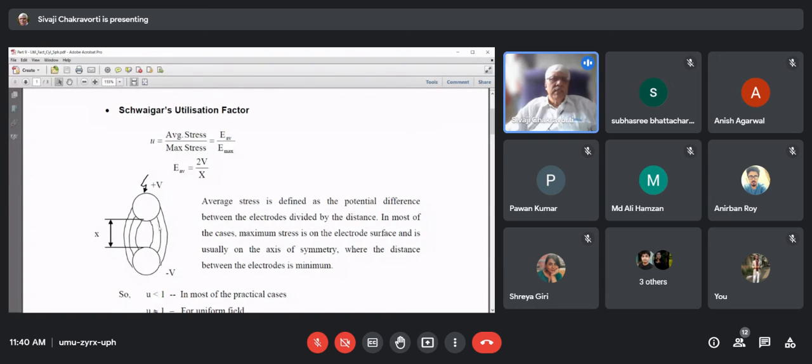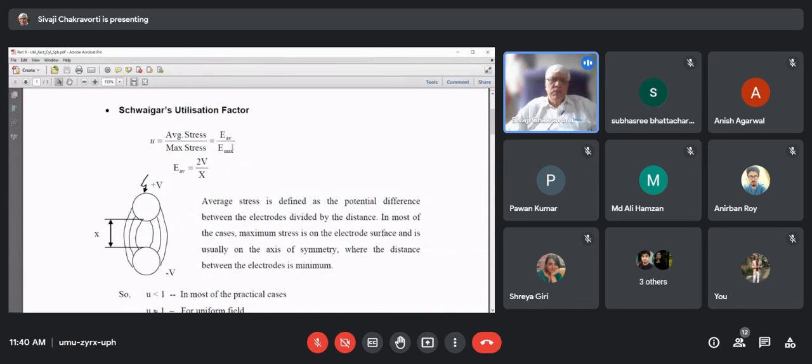For that we have a formula. What is the potential difference? Let's say, for example, the minimum distance is x, so average stress will be 2V by x. So the formula is potential difference divided by the minimum distance. We just have to accept it in that way.